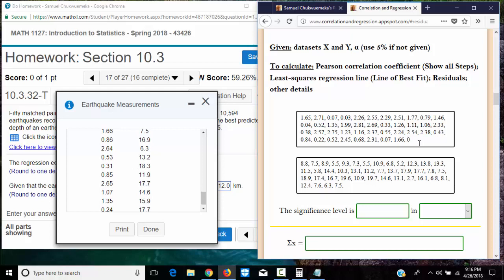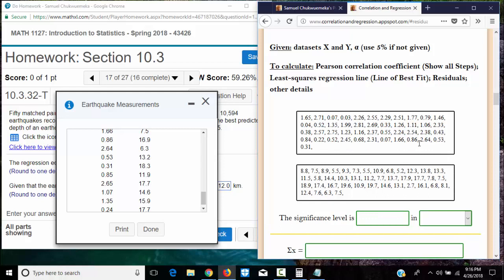Here we have 0.86, 2.64, 0.53, 0.31, 0.85, 2.65, 1.07, 1.35, 0.24.